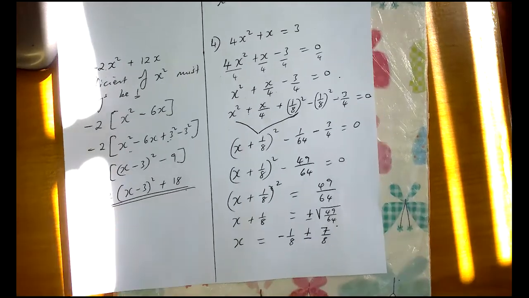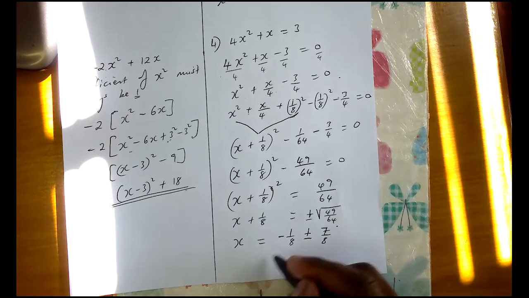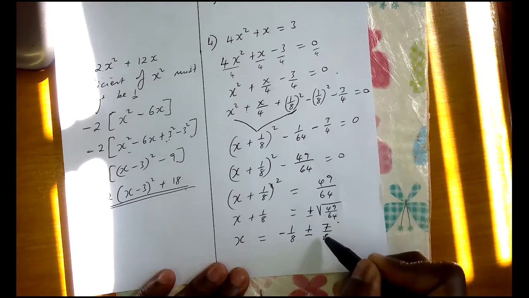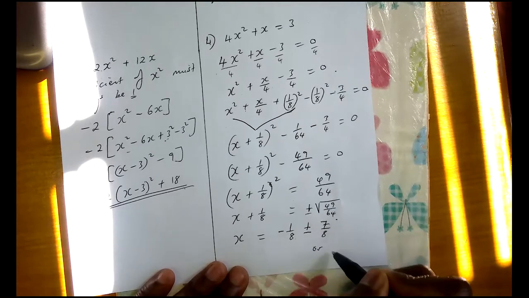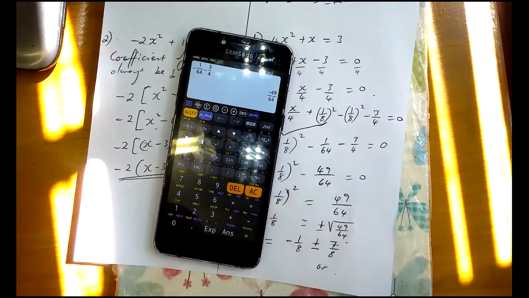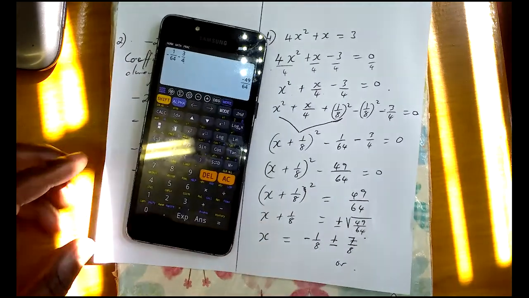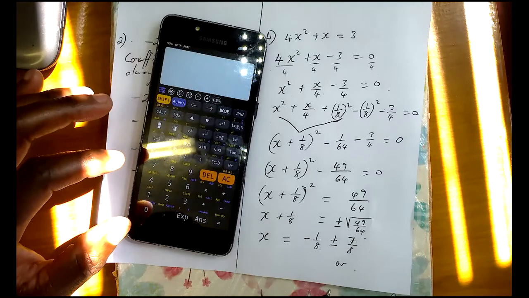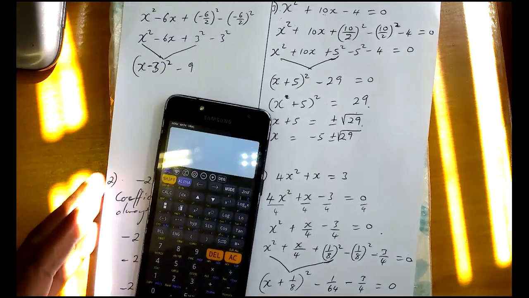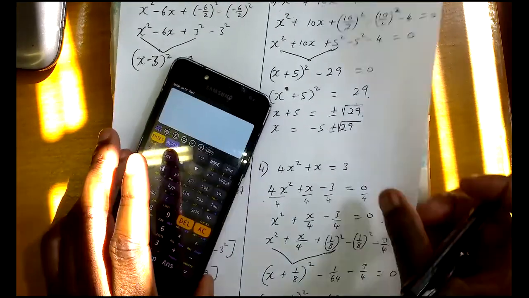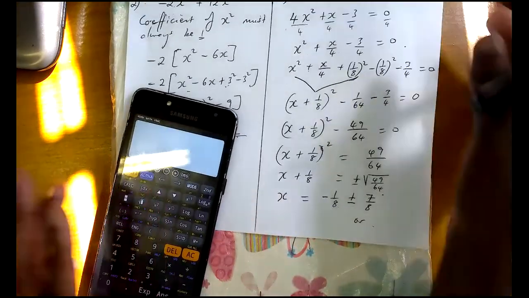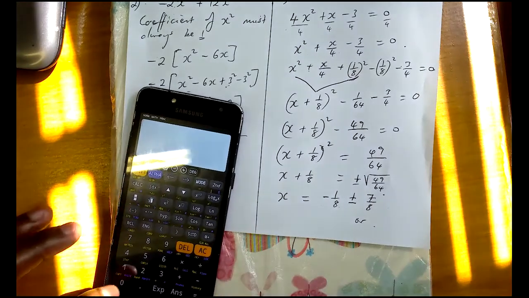So your answers will be either negative 1 over 8 plus 7 over 8, or negative 1 over 8 minus 7 over 8.